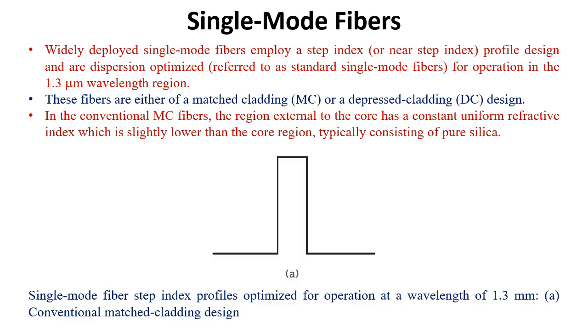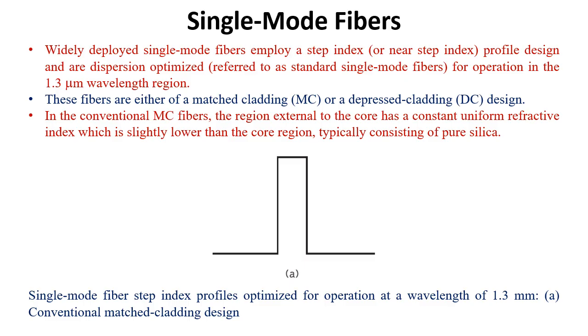Widely deployed single mode fibers employ a step index or near step index profile design and are dispersion optimized. We will discuss those things later on for operation in the 1.3 micrometer wavelength region. Those fibers are either of a matched cladding or depressed cladding type of design.